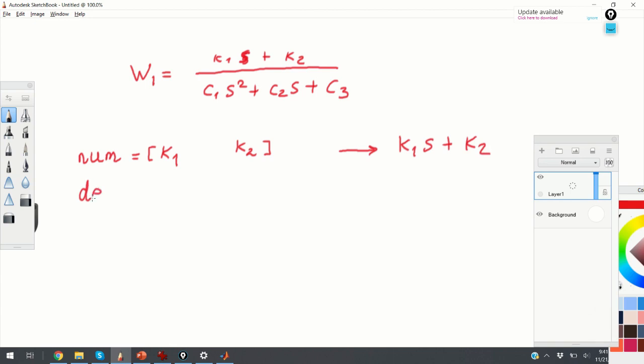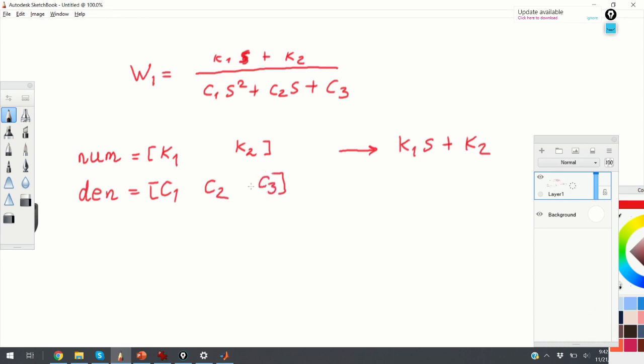Similarly, the expression in the denominator will correspond to a vector, and its entries will correspond to the coefficients of the polynomial in the denominator. So these coefficients will be c1, c2, and c3.